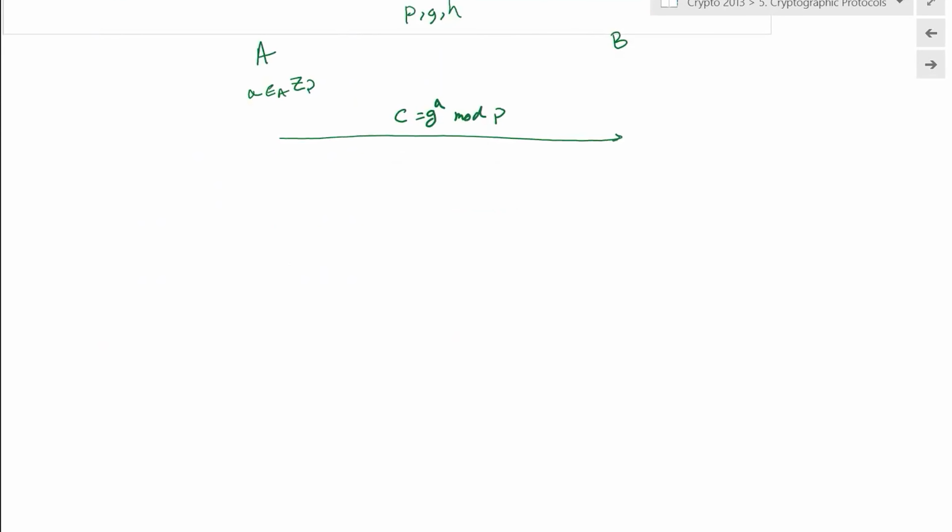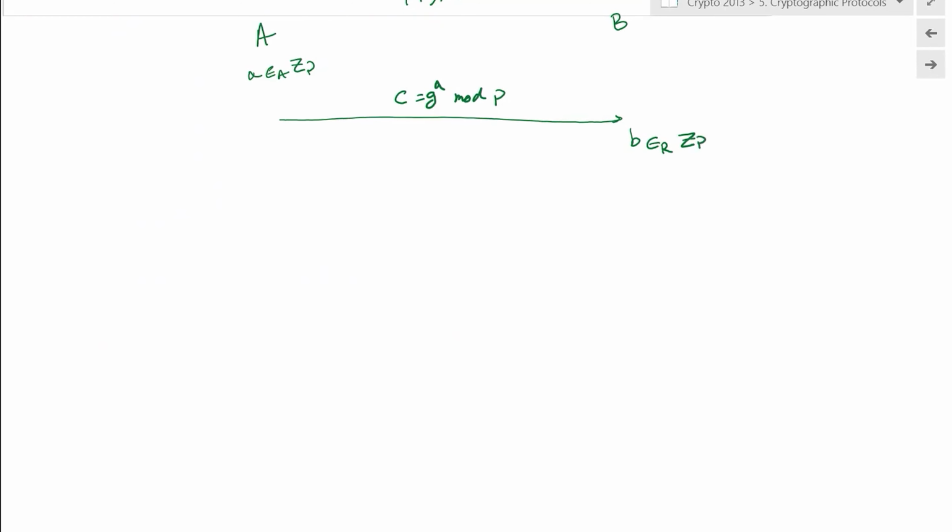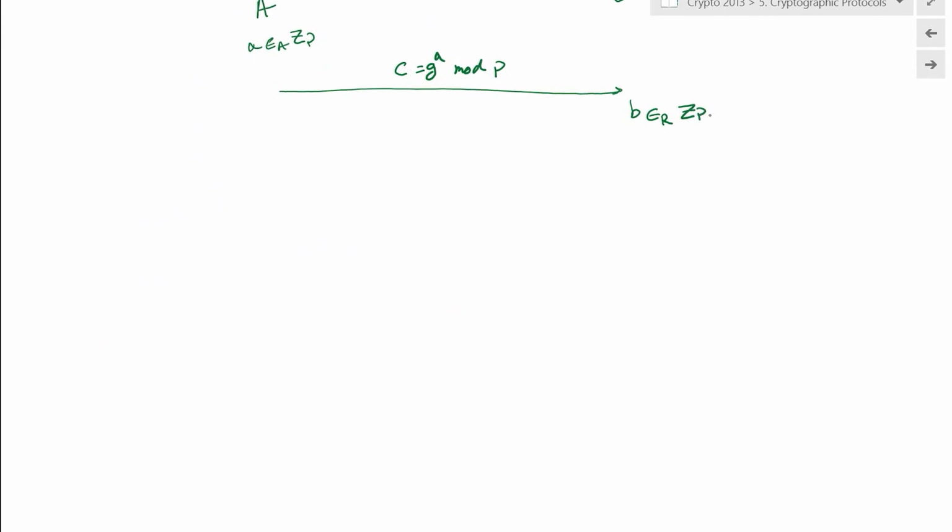He would generate a B randomly from ZP, actually ZP minus 1. I should be very concrete over here.